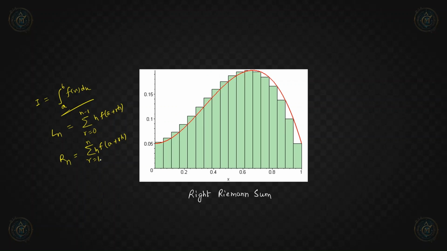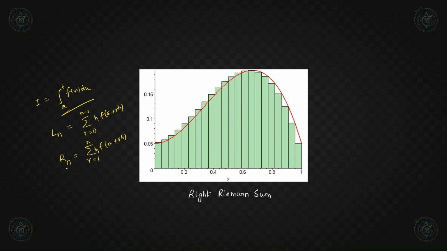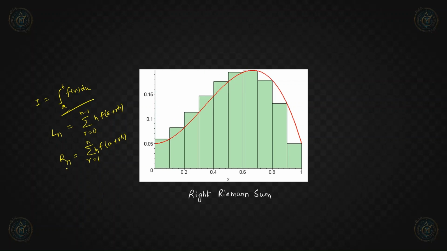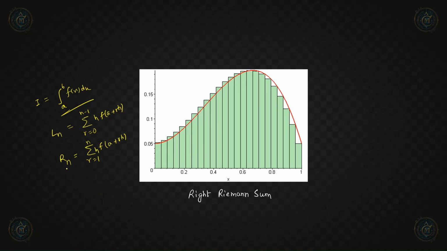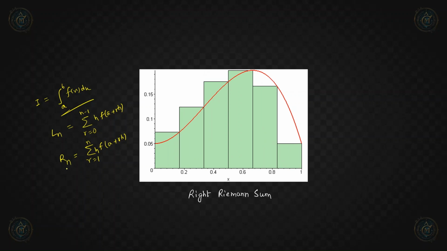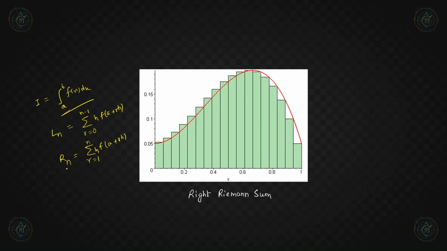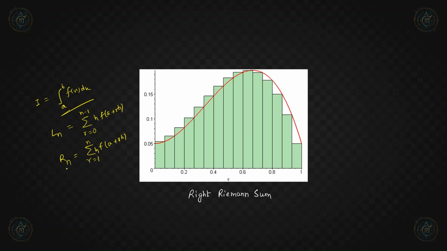Remember, for this Ln and Rn, we are not using the limit. Because in the limiting case, when n is tending to infinity, the values of Ln and Rn will be equal to I. So we cannot compare them, because at n tending to infinity, all of these quantities will be equal. So we compare them when n is not tending to infinity.